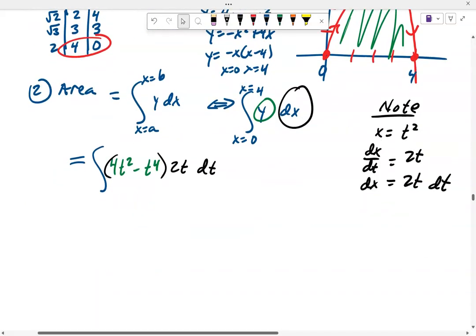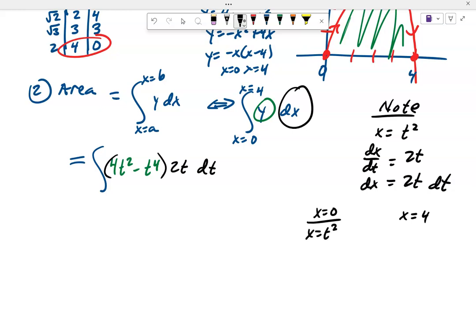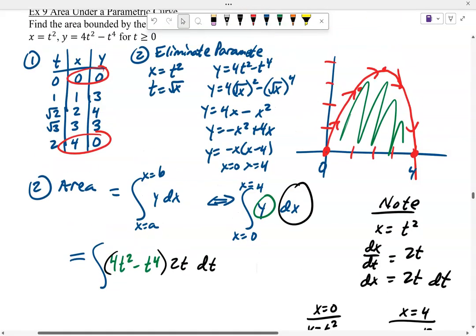Now, what about the x being 0 to the x being 4? Well, if x is 0 and x is 4, well, we know x is t squared. So if x is 0, t would have to be 0. If x is 4, t is plus or minus 2, but we know t's got to be greater than or equal to 0, so we're just going to pick the 2 here.